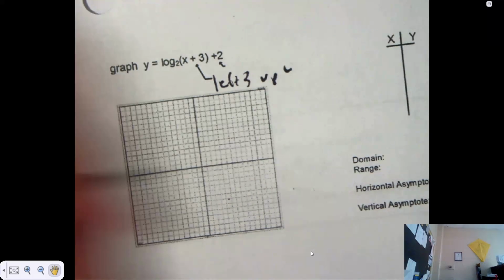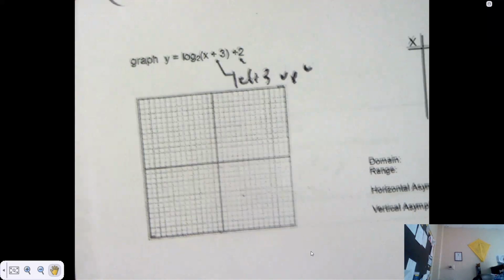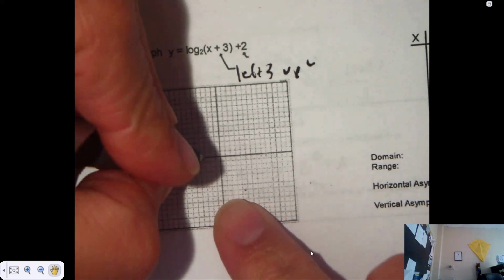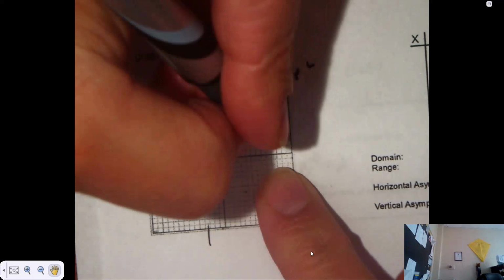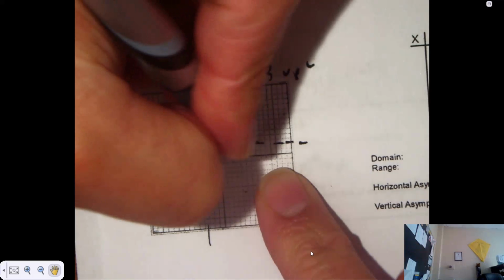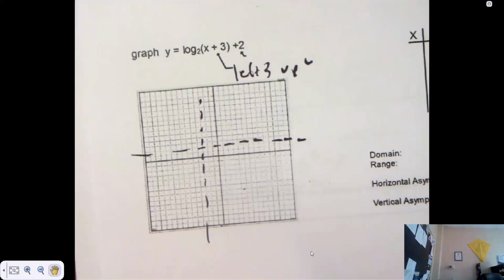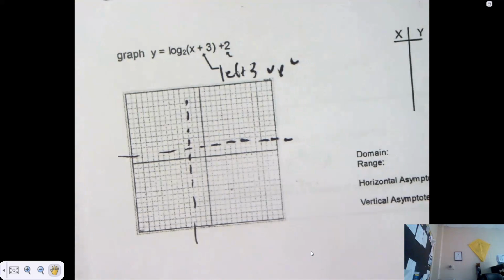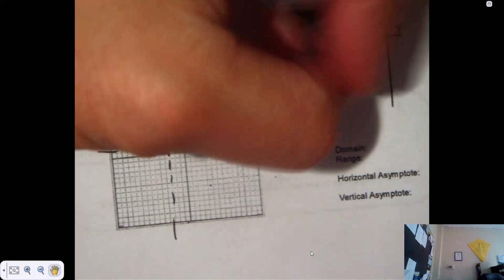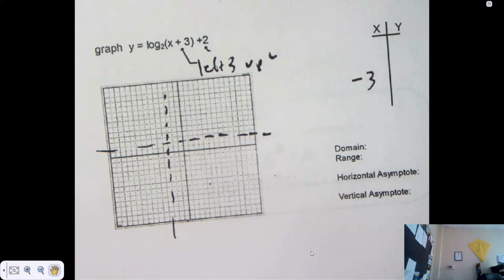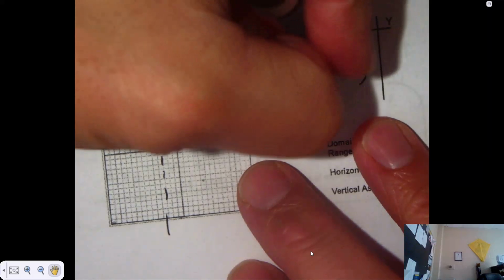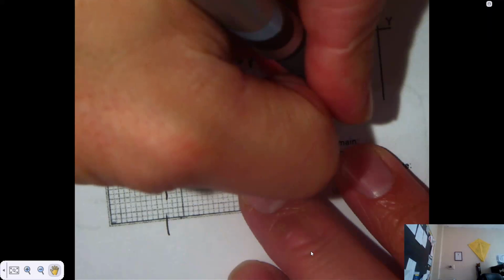So I go left 3, and I rise 2. Now I've got a starting x value. I only went negative 3. Go back 2. Go forward 2.